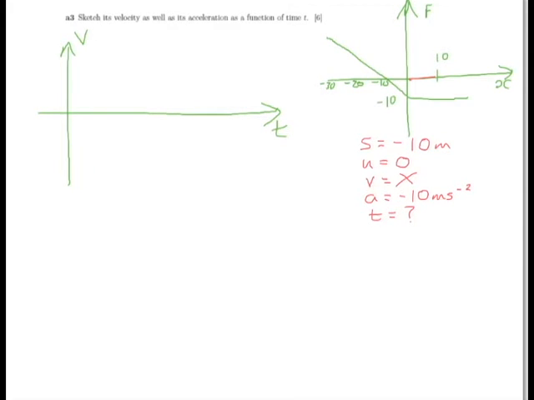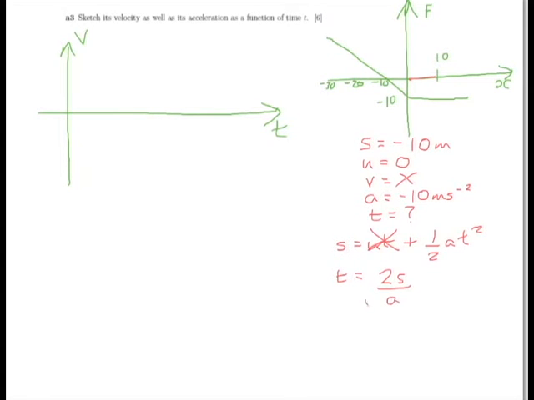So we can use s equals ut plus half at squared. We can lose that first term because u is 0. So we can rearrange this to get t equals the square root of 2s divided by a.